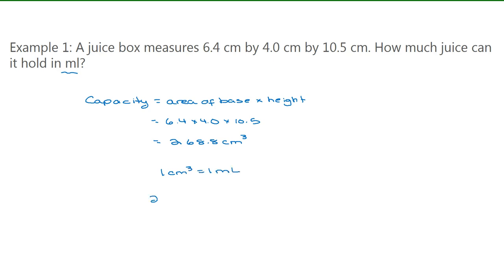So let's use this conversion to change 268.8 centimeters cubed to milliliters. We'll put 1 cubic centimeter on the bottom and 1 milliliter up top so that these units can cancel. Multiplying that by 1, we get 268.8 milliliters.